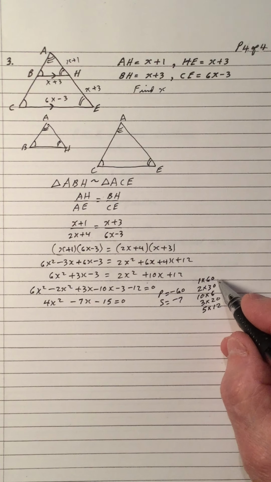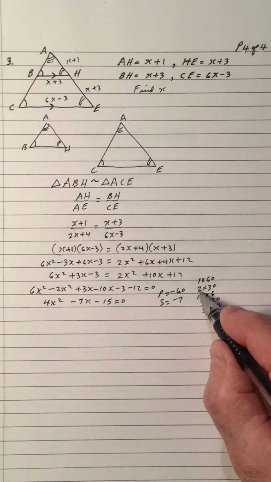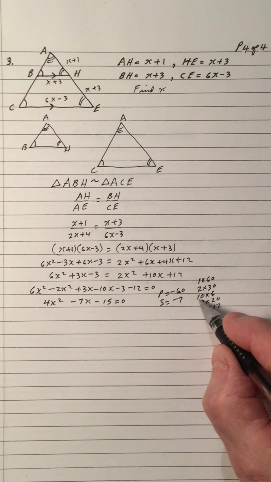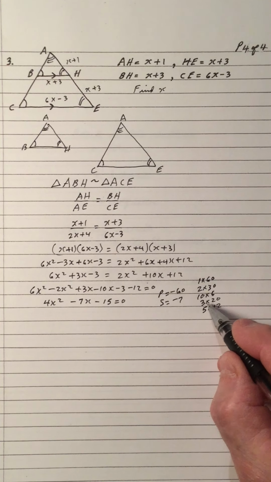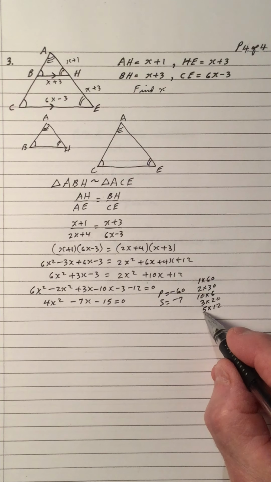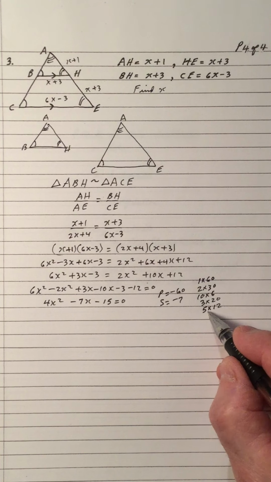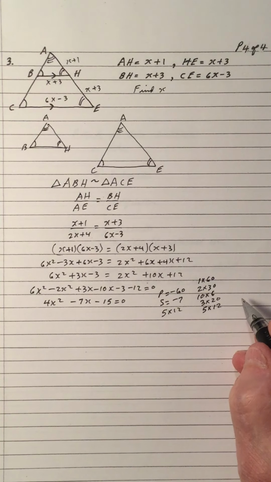And let's see, 6, no, they add or subtract: add 32, subtract 28, add 16, subtract 4, no. 3 and 20, add 23 and subtract 17, no. 5 and 12, add 17, subtract 7, oh, so the factors are 5 and 12.